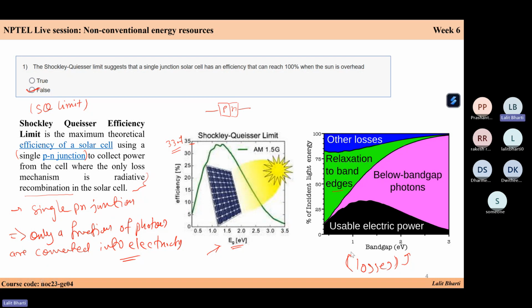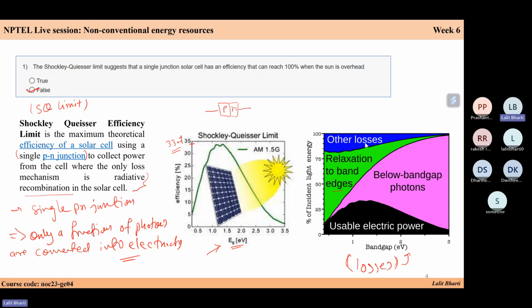This is also because this plot shows band gap versus percentage of incident light energy. For a given band gap, only this black colored area is usable electric power.